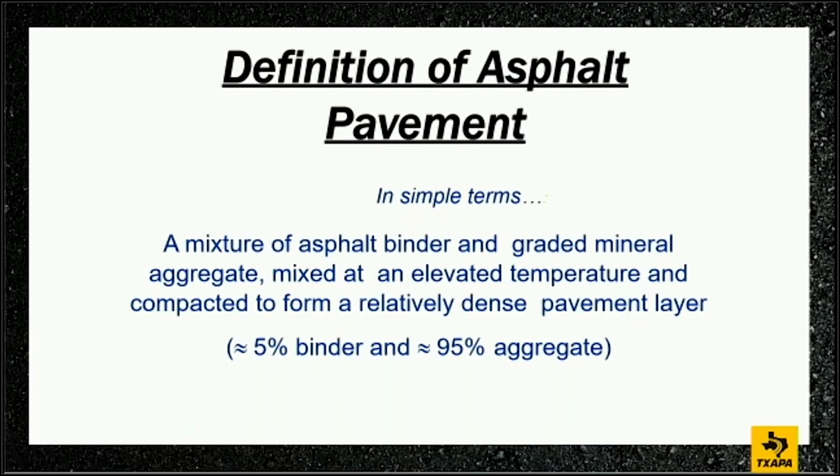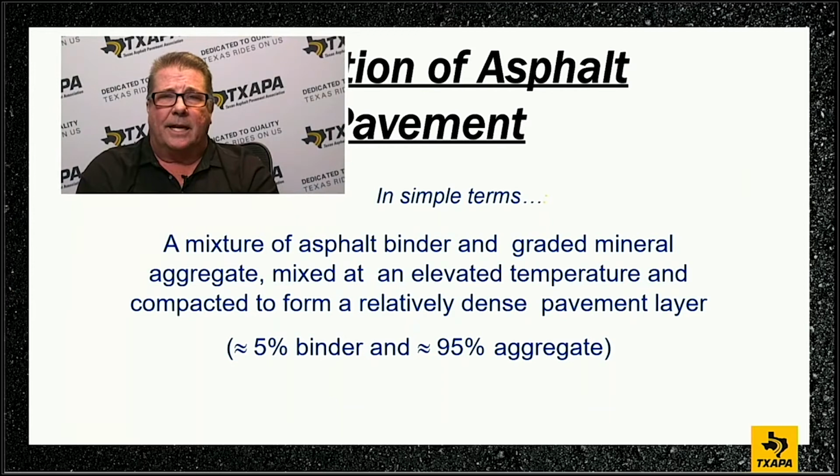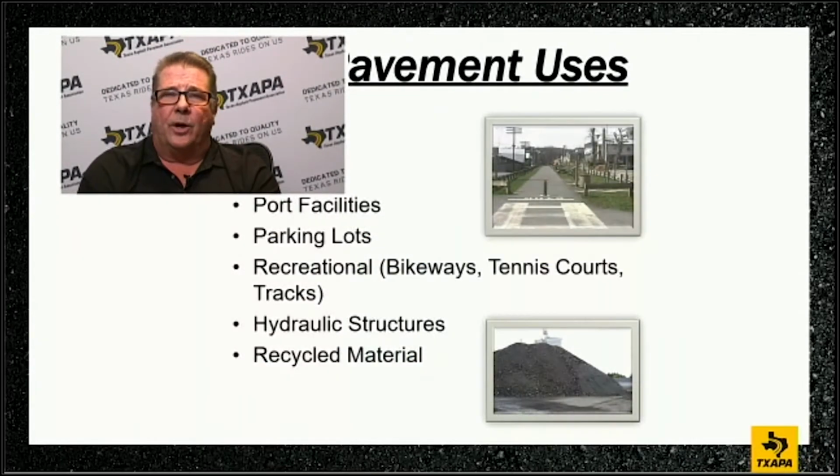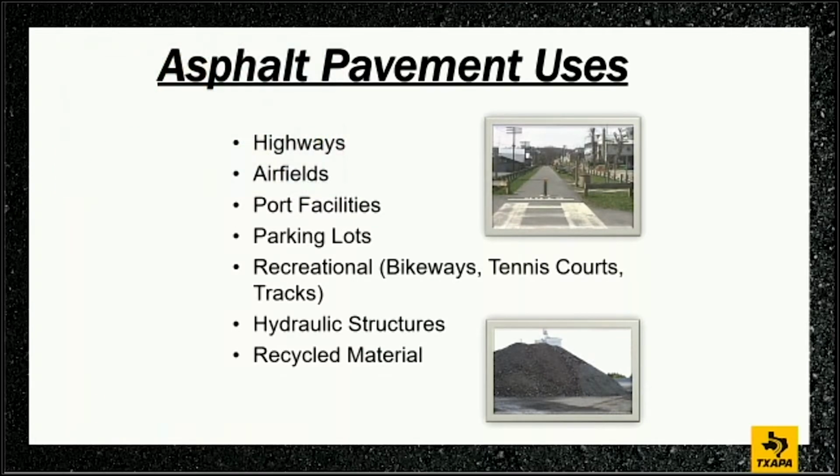Again, the definition of asphalt pavement is simply a mixture of asphalt binder and graded mineral aggregates mixed at an elevated temperature and compacted to a uniform density. That's the definition of asphalt pavements. And again, we're talking about 5% binder, 95% aggregate. It's real important to know that we can use asphalt pavement in all sorts of structures: highways, airfields.